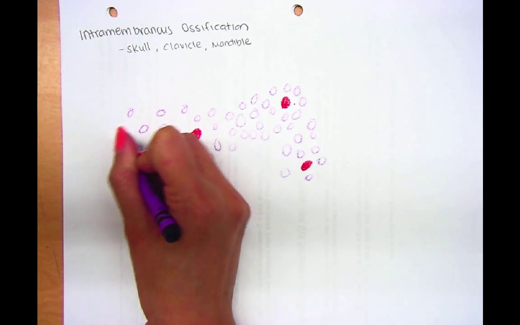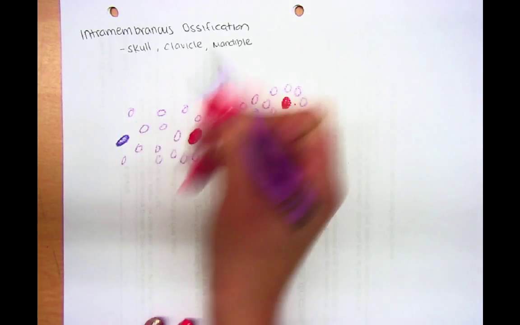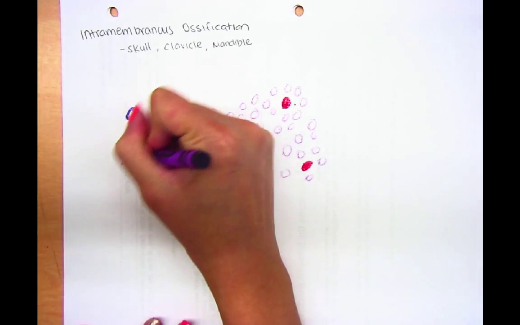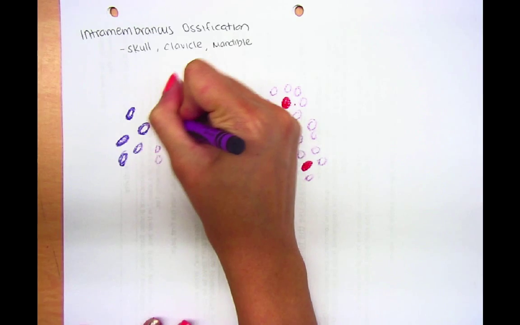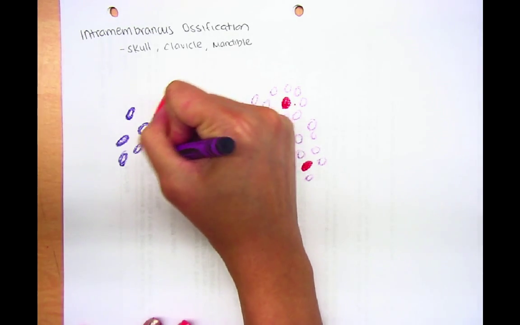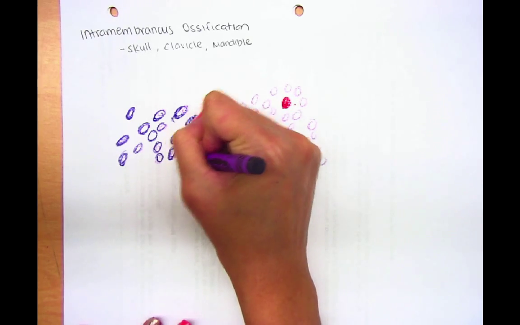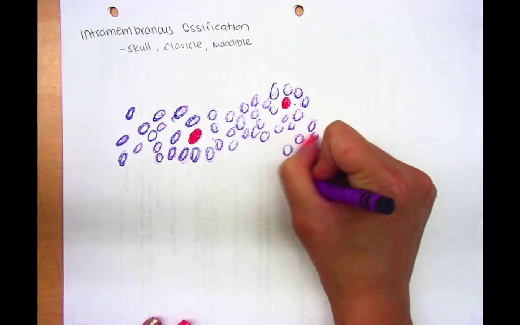So we're going to change its color, and then this cell will be developed into an osteoblast. In reality, I probably should have drawn these cells closer. And what the osteoblasts are going to do now, their new job, is to start depositing bone matrix.